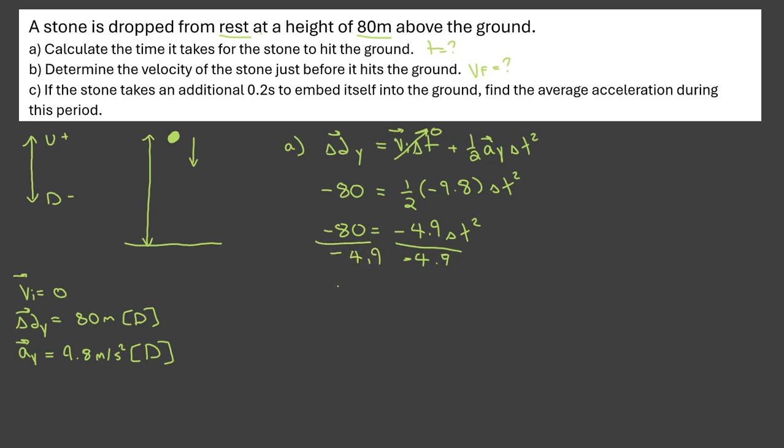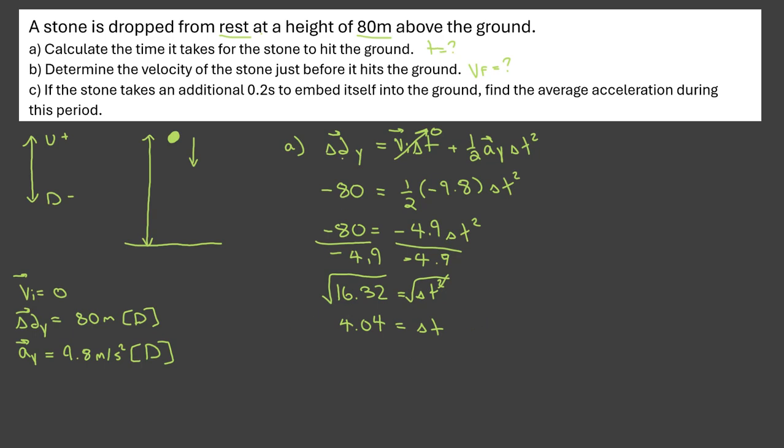And then I'm going to get that my time squared is equal to approximately 16.32. And then I will square root both sides to cancel the square on the time to get a final time value of 4.04 seconds.